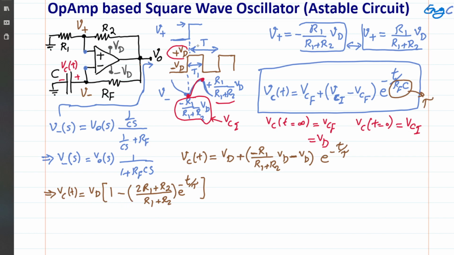But we are interested in finding this T1, the charge up process. So from the lowest to highest, since we started from the value of negative R1 over R1 plus R2 times VD, the target voltage at the end of this duration T1 would be the positive one. Let me change the color again. Would be this target, right?